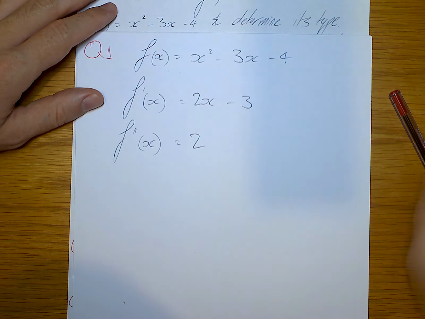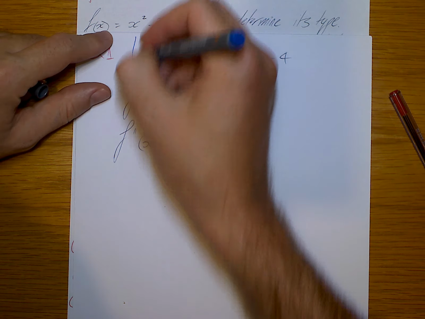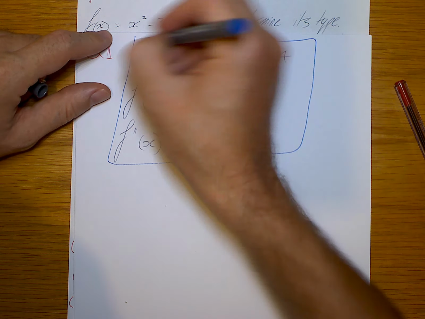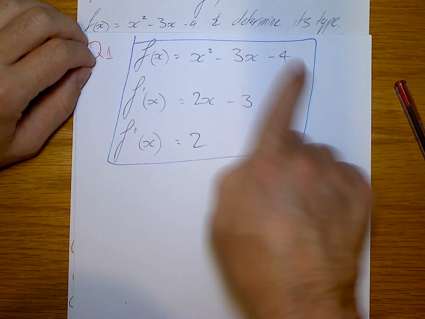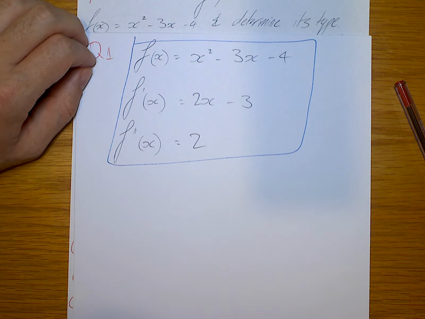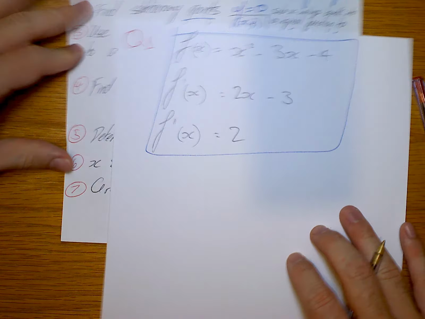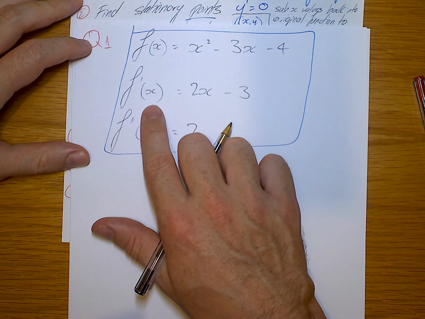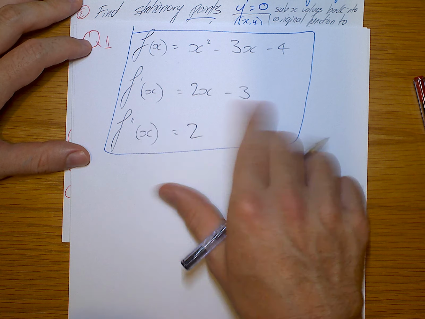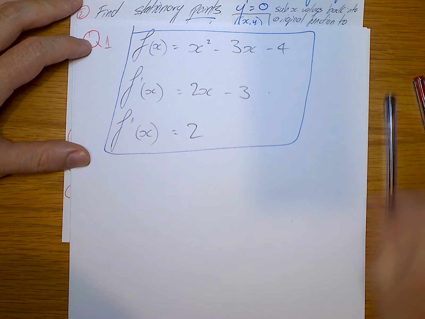I'm going to put that in a box so I can refer to it later. Are there any mistakes? No. Okay, so that's step 1 done. Now I'm going to find my stationary points where f dash x equals 0.